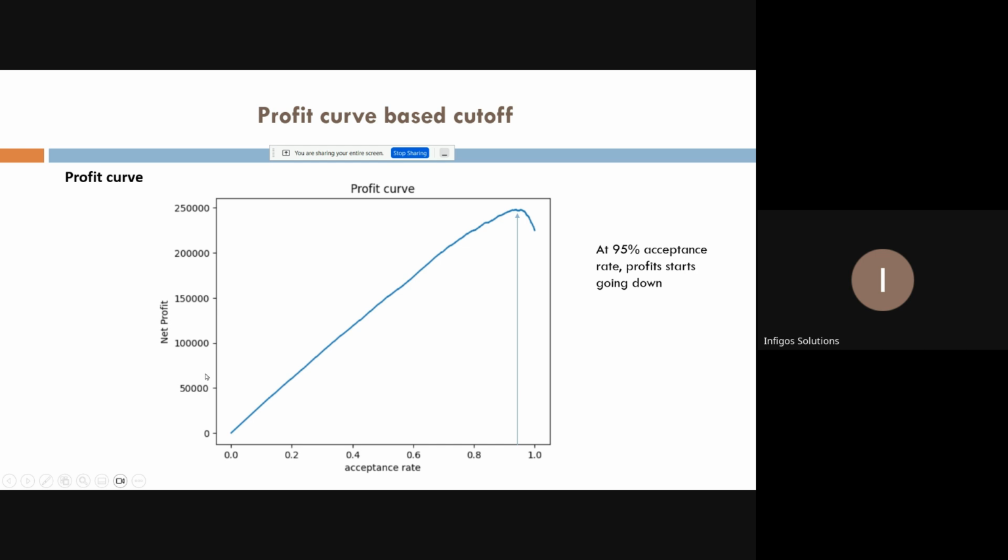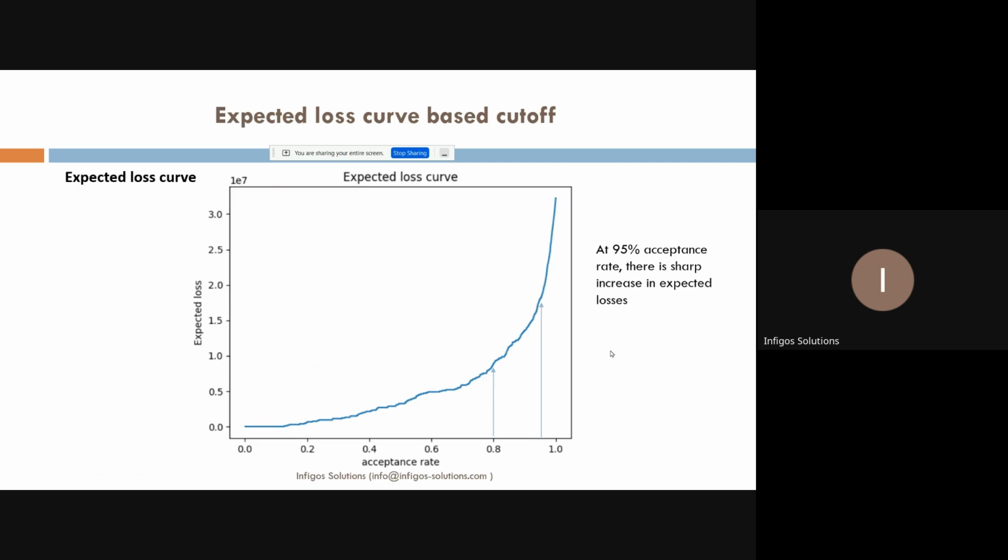So here, profit is going to get stabilized, and after that it's going to go down. Approximately at 95% the profit is going down, which means you will not go beyond 95%. Then you have expected loss. So this 1, 2, 3 is multiplied by this value.